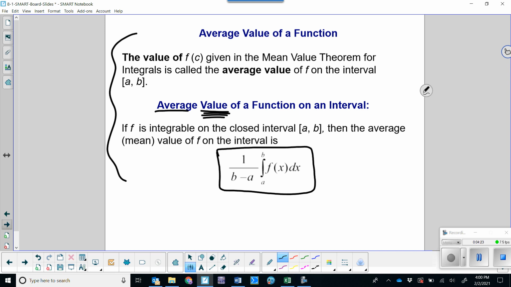Find the average value on this interval. So essentially, this is a way you can help yourself remember it: this is the area, and then I'm dividing by the width of the interval, so it's like I'm finding the average height. So I'm finding the average value. That's another way to think about it.